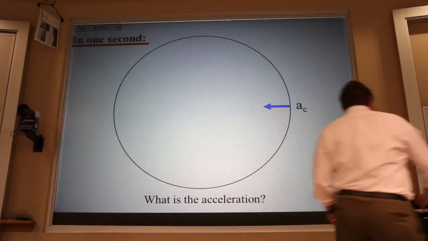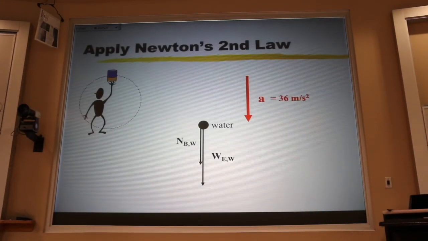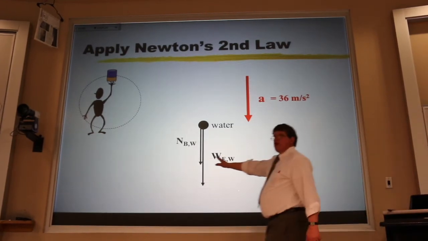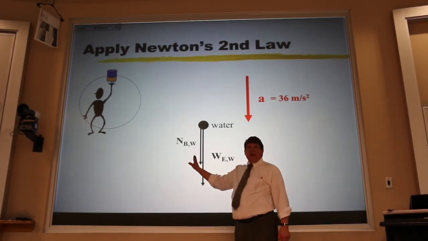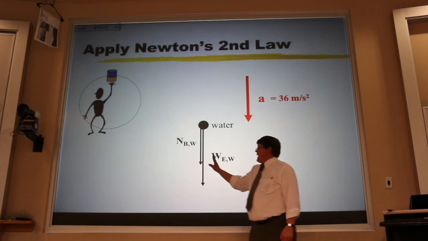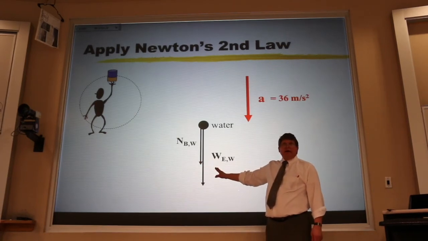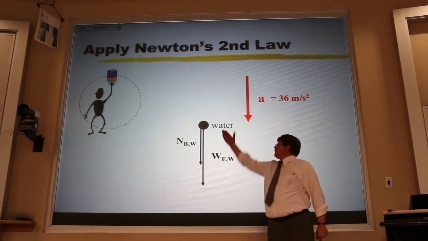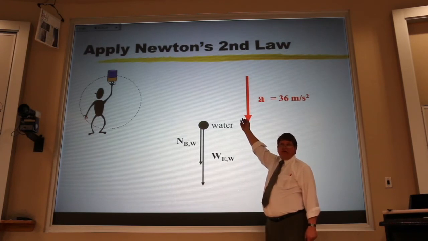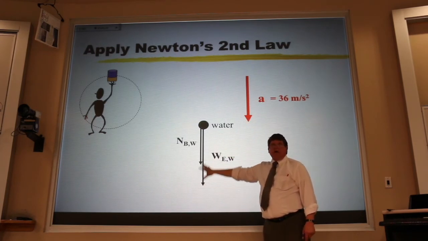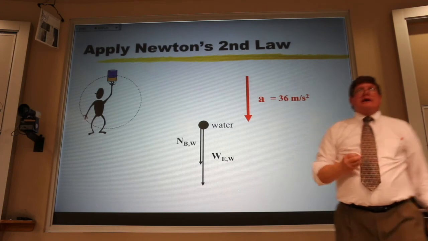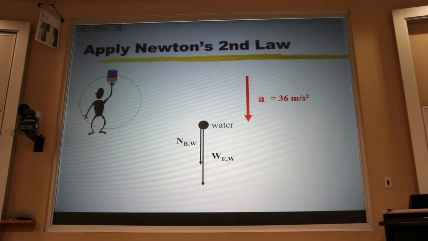Now, if I look at that acceleration, part of it is caused by this normal force by the bucket pushing down, and part of it is caused by the weight. It's the net, or the total force, that causes this acceleration. So it's part of each. But the acceleration is just the v squared over r.